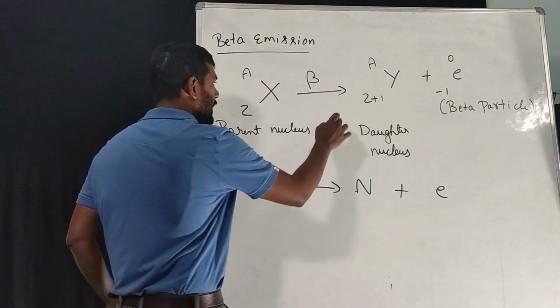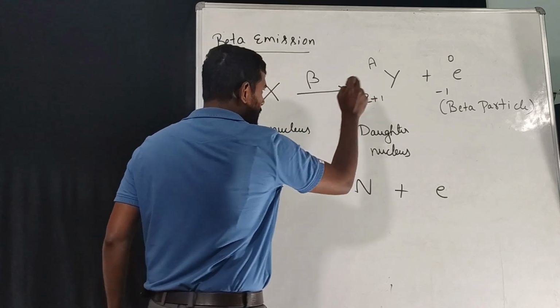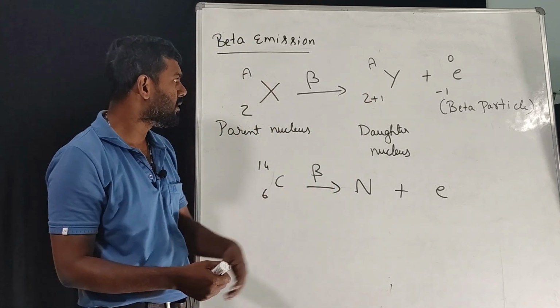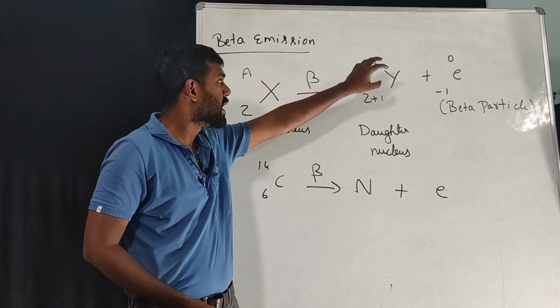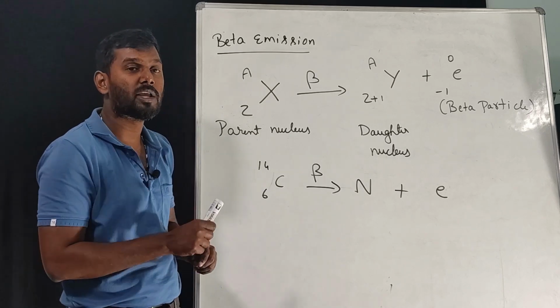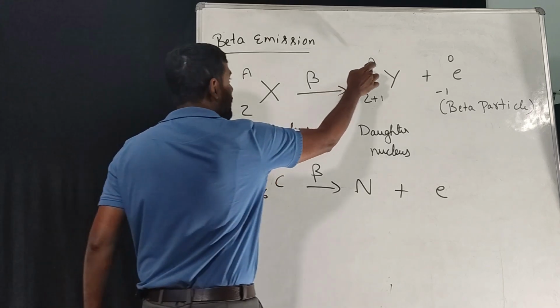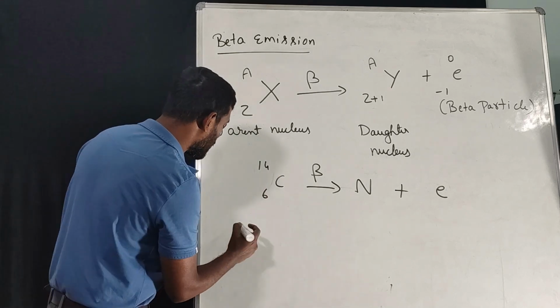Now listen, the number of protons is increased by 1, correct? Then don't you think the mass number should also increase by 1, because the mass number has both protons and neutrons? Why is it not increased? Because the mass number we have includes both protons and neutrons.